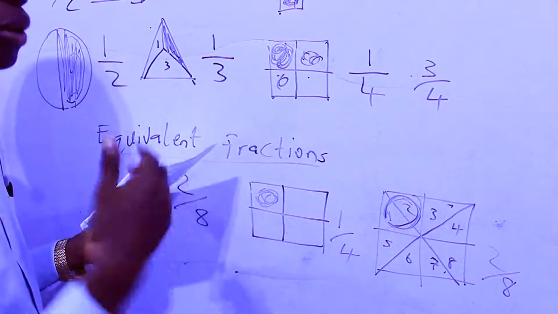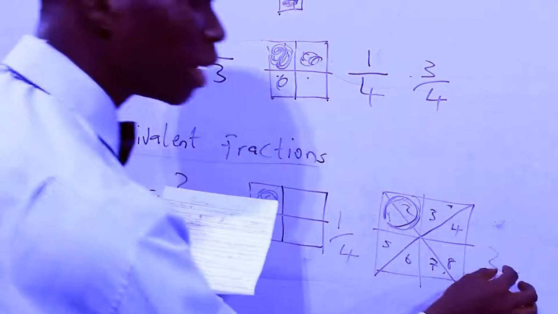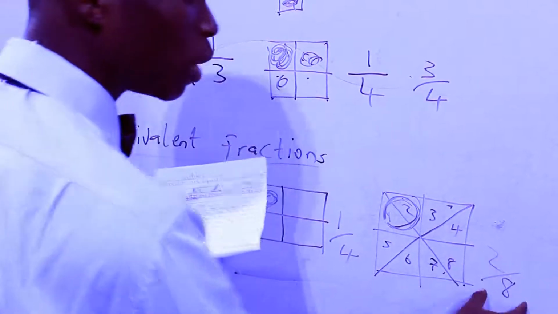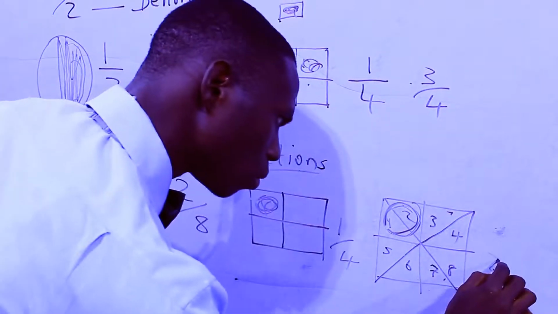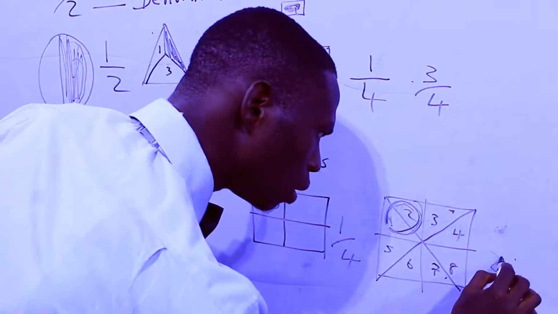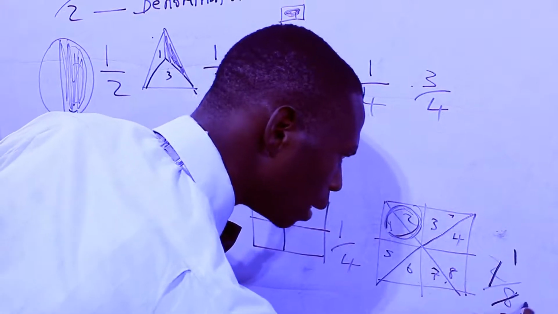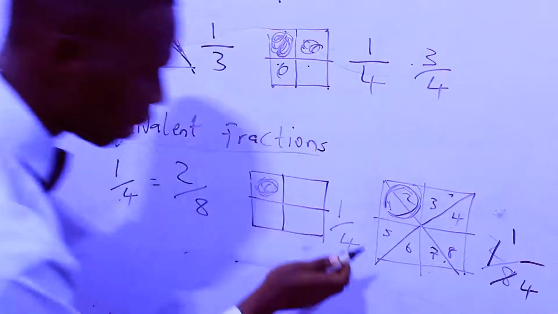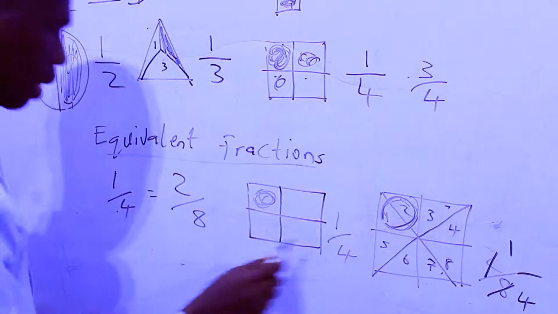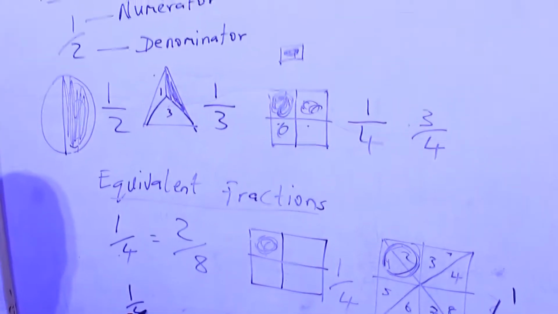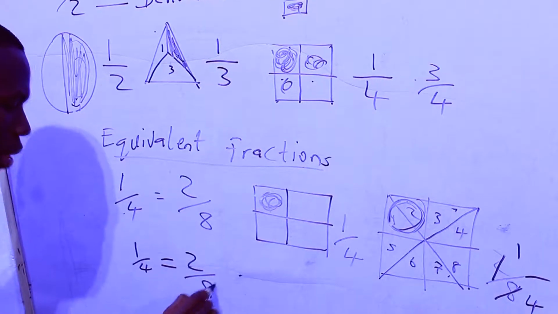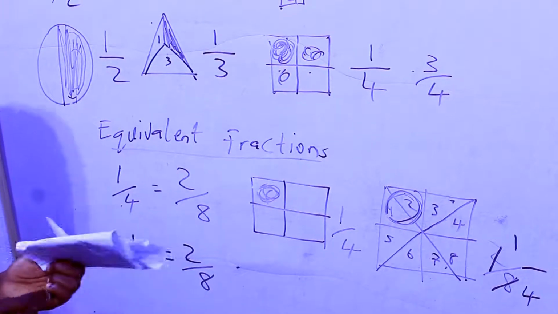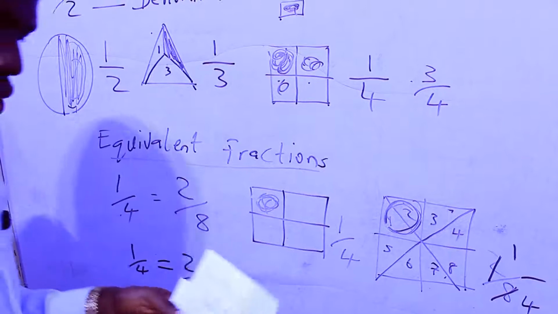And if I want to further break it, I can find out that for this numerator and denominator, there's something that can divide them, and that is 2. 2 divides here, 1. 2 divides here, 4, giving me the same thing as 1 over 4. That is why 1 over 4 is the same as 2 over 8. That is what is called equivalent fraction.